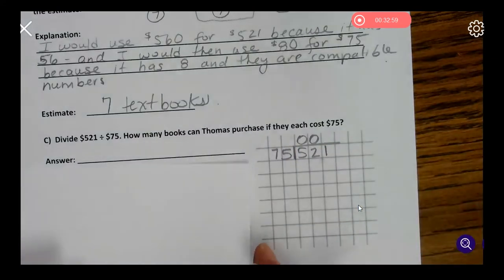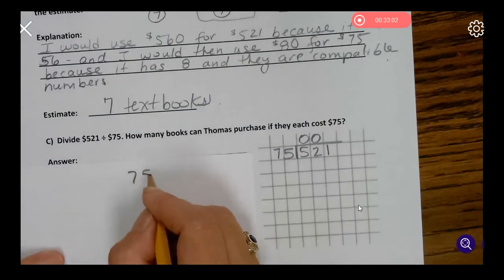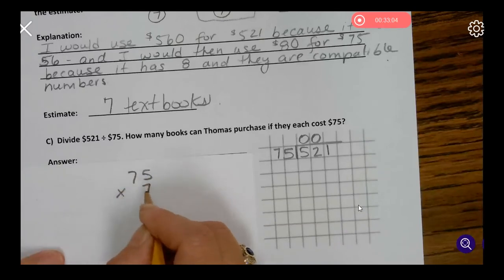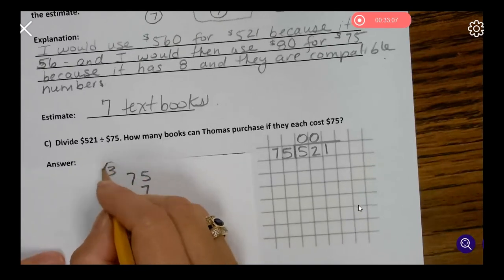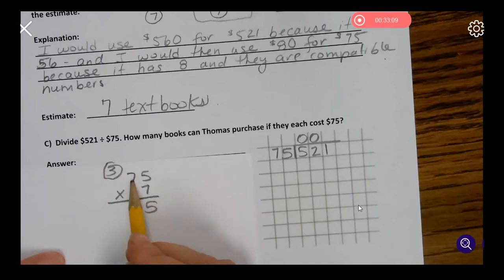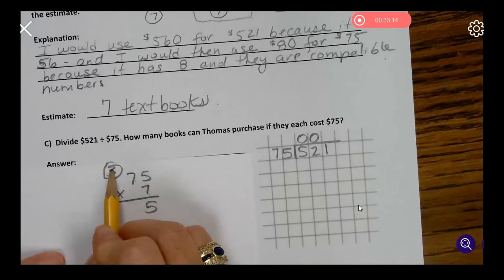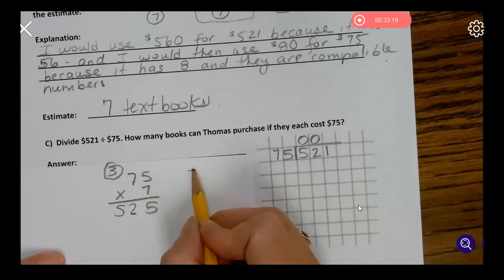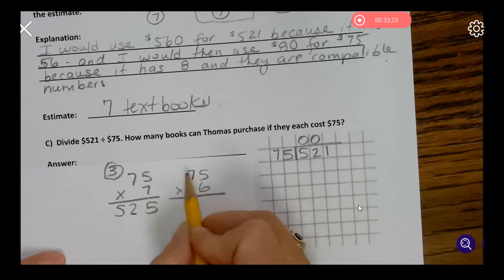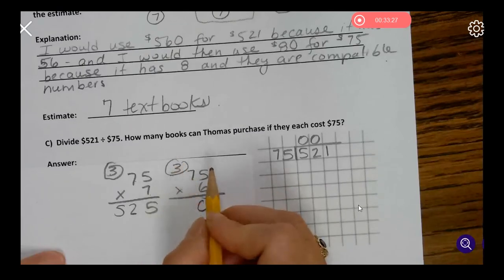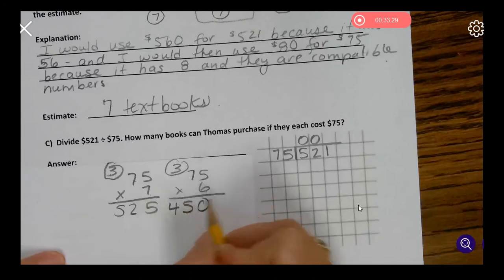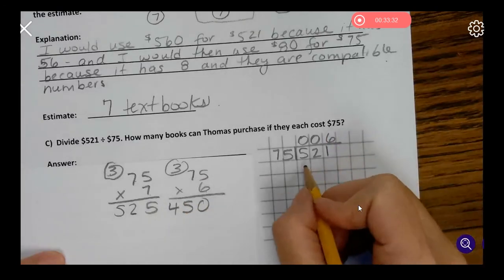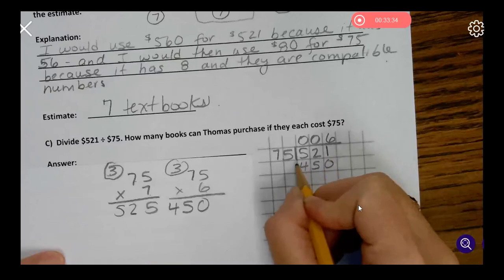So we'll do 75 times 7, 35, 49, 50, 51, 52. Oh gosh, so close, so close. 75 times 6 is 45, 450. So we almost were able to buy 7.